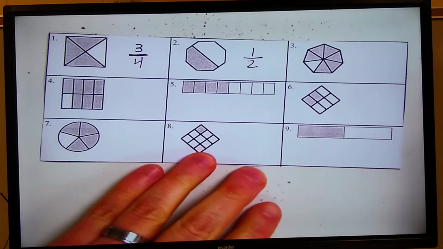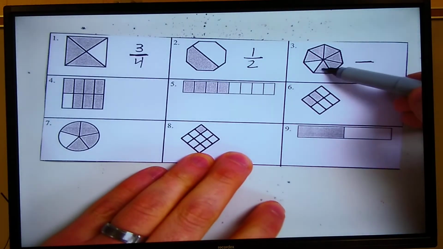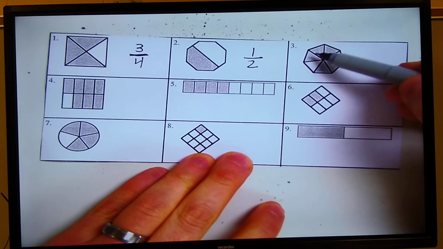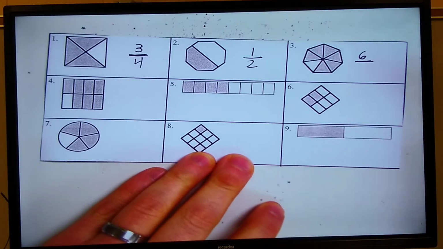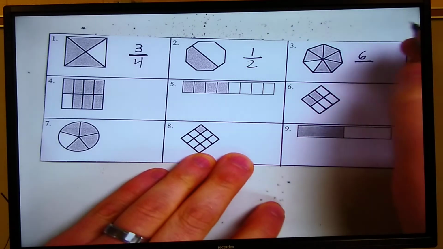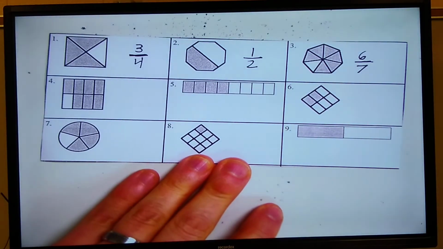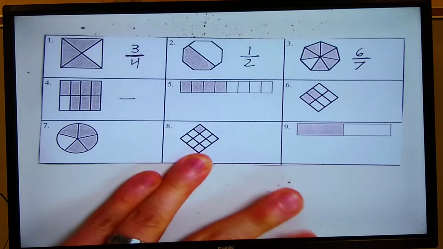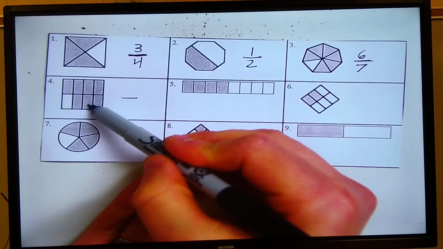All right, let's see how bad you did. Number 3. My numerator, 1, 2, 3, 4, 5, 6. My denominator, 1, 2, 3, 4, 5, 6, 7. 6 sevens. Number 4. My numerator, 1, 2, 3, 4, 5, 6, 7.